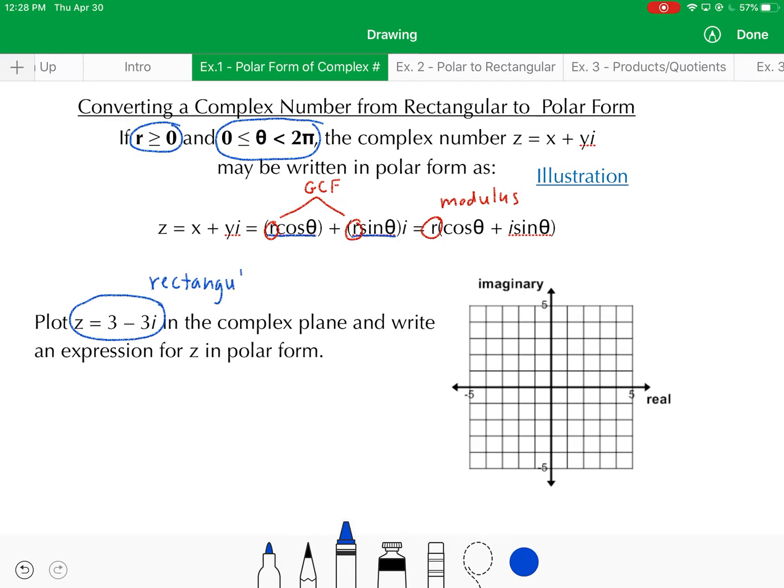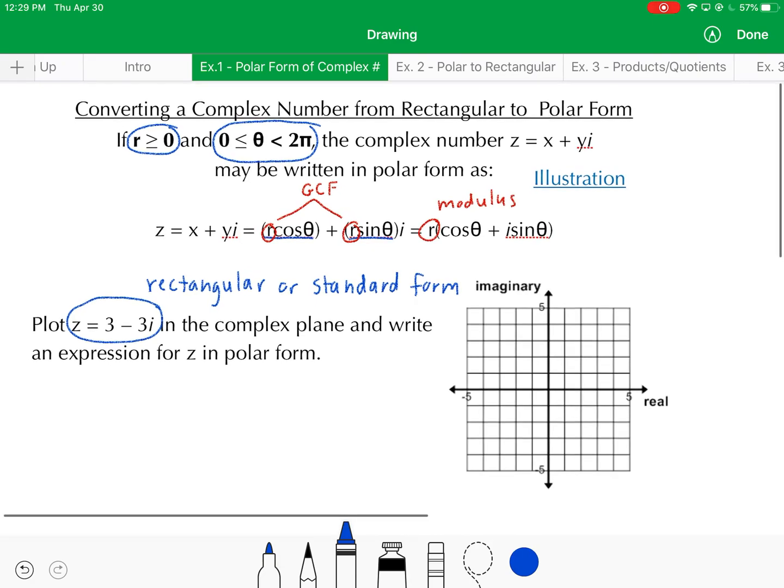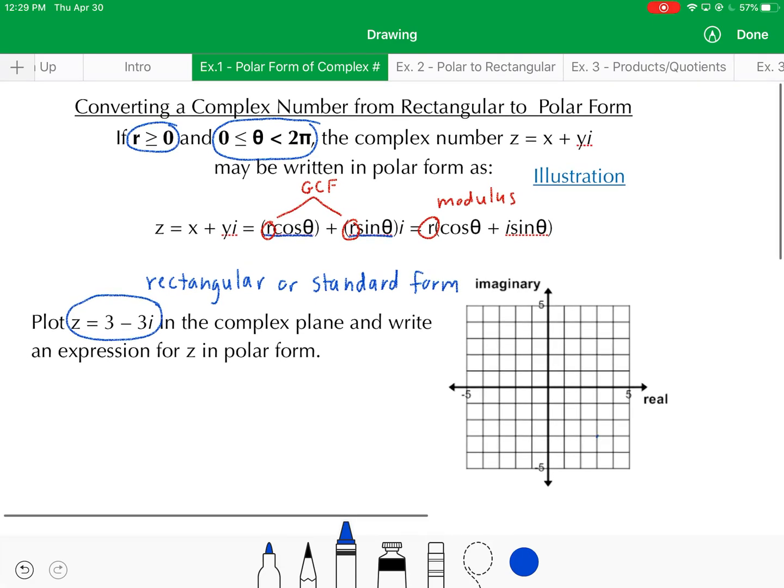Rectangular or standard form. And it's really easy to plot it in the complex plane. So from the origin, you just need to move 3 units to the right on the real axis, and then 3 units down on the imaginary. So it's like you're plotting the point 3, negative 3, right?